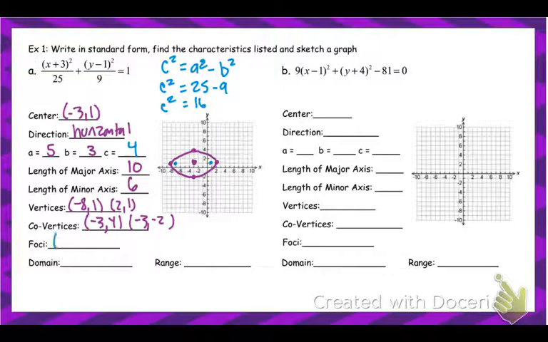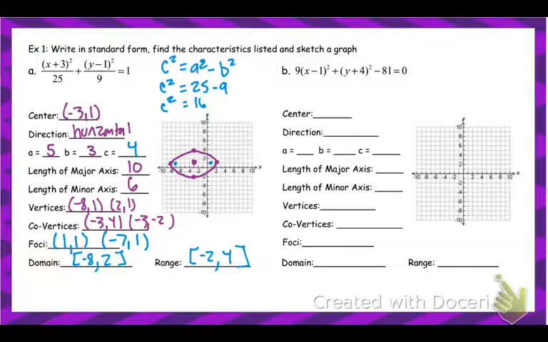One of those is going to be at -3 plus 4, and the other one is at -3 minus 4. Domain left to right, this graph goes from -8 to 2. It does touch both those values, so that's going to be in brackets. Range, the lowest y value is -2, the highest y value is 4. So that also goes in brackets.